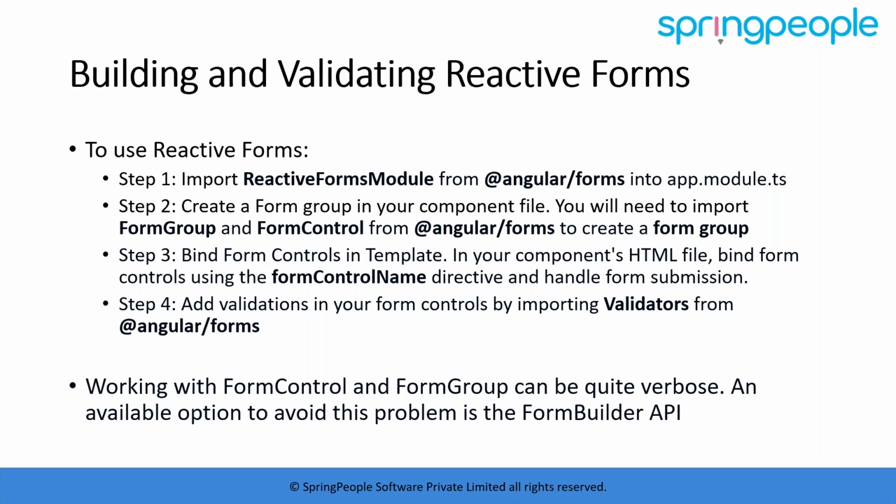A form group is nothing but a group of controls that you're going to be placing on the form. Since we are going to be working programmatically with all of this, we want to be able to group the controls into a single location.